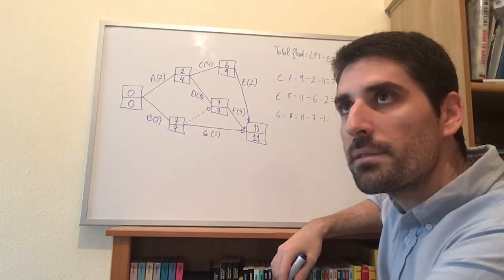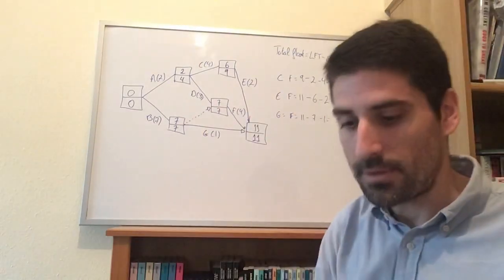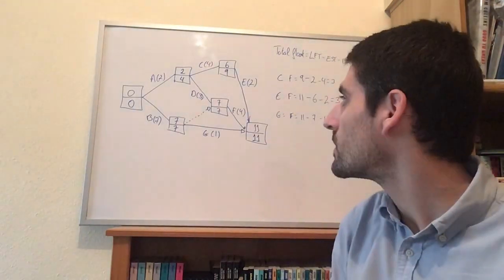All right, 11 minus 7 is 4, minus 1 is 3, another 3. So it just so happens that each activity that is non-critical has got a float of 3.